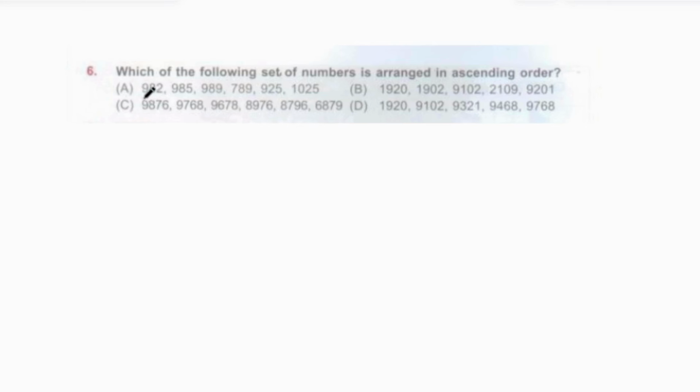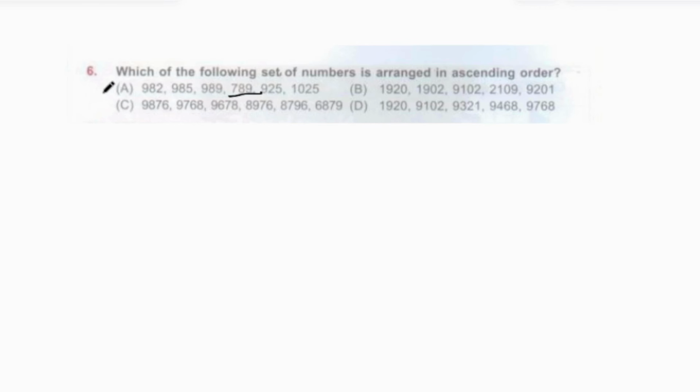So let's look at option A. In option A, the first number is 982, the next number is 985, which is greater, so it's following the ascending series. But if you quickly look at this number 789, you will find an anomaly, which means this number is small but staying in the middle.